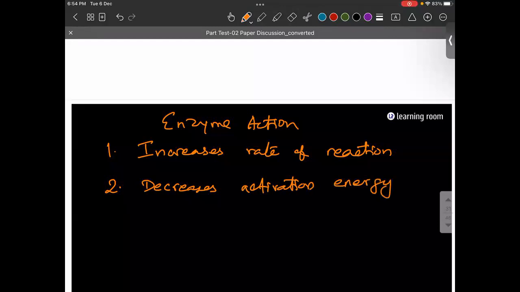What is called activation energy? See, this is a thick iron rod. To break this rod, this is the substrate you can say, what the enzyme will do, it should come and bind and it should bend it. The enzyme should come and bind like this and bend it.